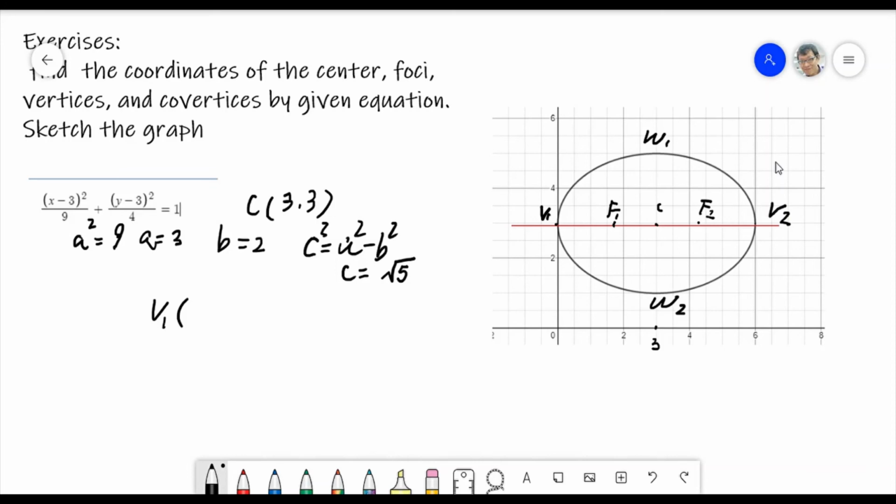So here's 1, 2, 3. The 3 minus 3 is 0, so it's 3.